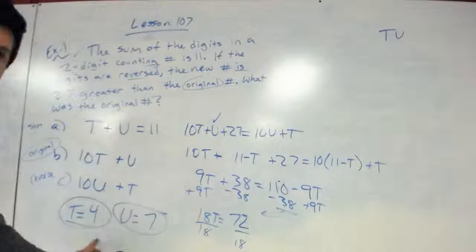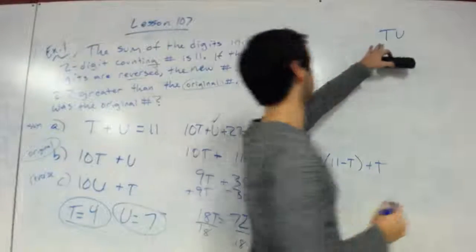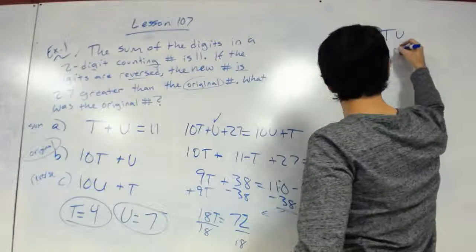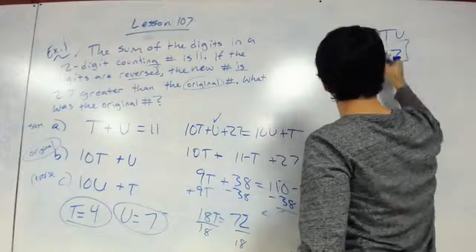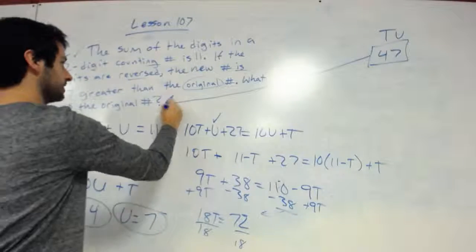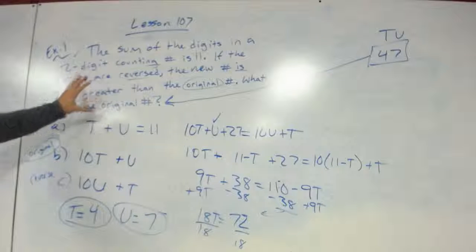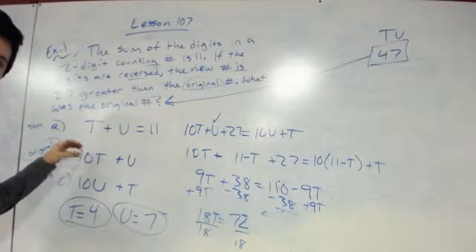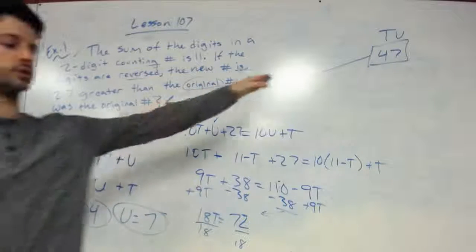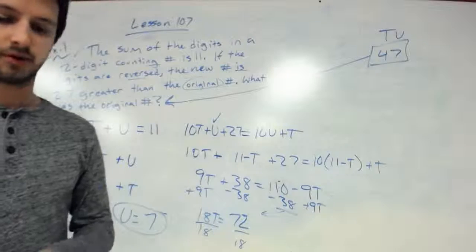So there's my tens place and my units place. Going back up here, for t I plug in the 4, and for u I plug in the 7. So my original number was 47, because once again, remember, we were looking at a two-digit counting number, and we broke that number down into tens places and units places. The original number is 47. And that is how you do number word problems.